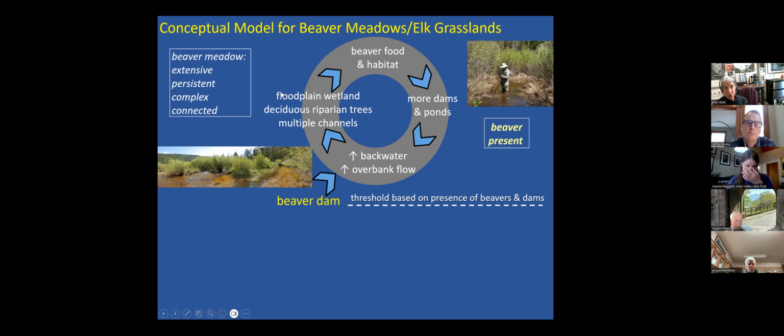So it's a self-enhancing feedback in that these things feed into each other. The beavers are very persistent. So it's spatially extensive. It can occupy the whole floodplain. It can be very persistent. We did a study in Wild Basin, and because it was a national park, we could only use hand tools. We couldn't have a big truck-mounted corer, but we took hand cores, so we could go down about 3.5 feet. And we used something called radiocarbon dating to determine the age of the sediment at the base of that.